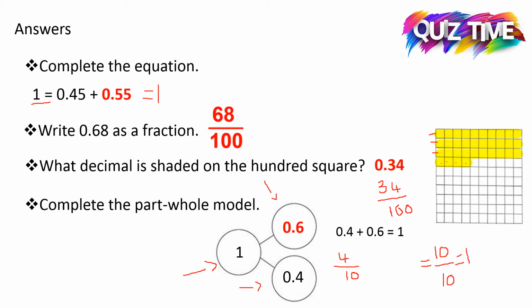So it would be 4 tenths plus 6 tenths equals 10 tenths, which equals 1. Well done if you got those correct.